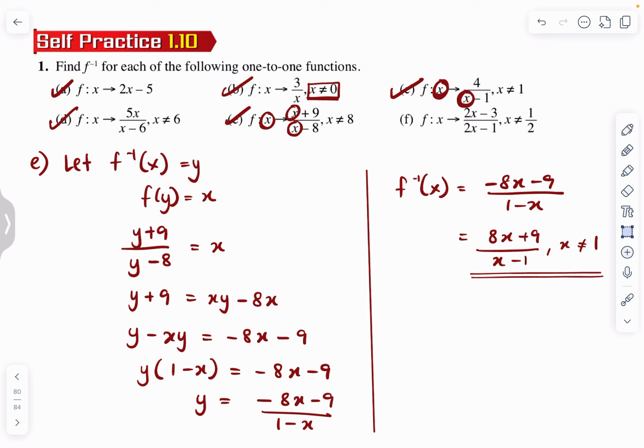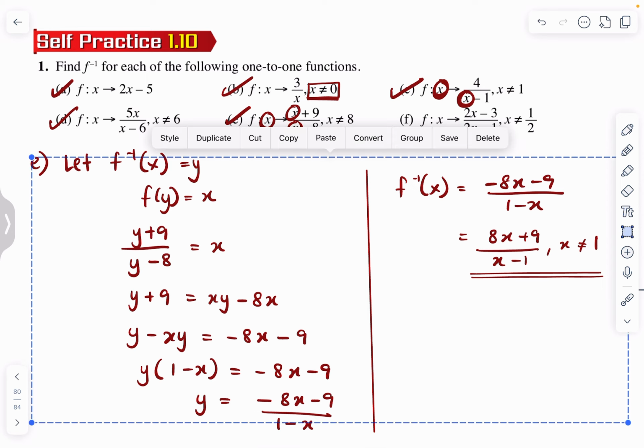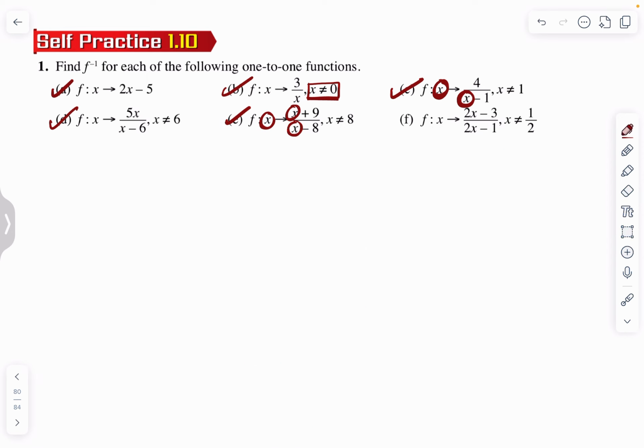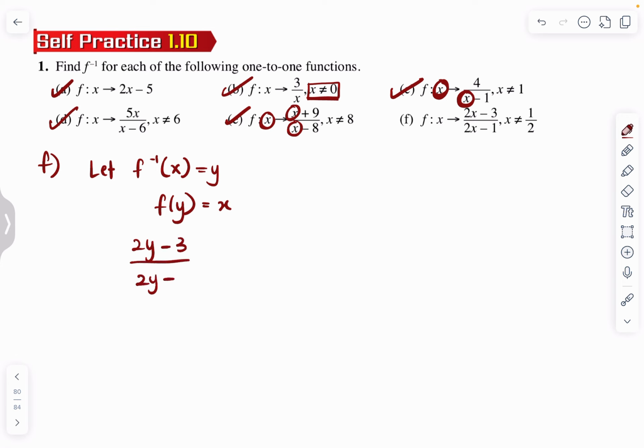So this is our answer. And finally, question F. Same thing. Let f inverse x equal y, f of y equals x. So if f of x is (2x minus 3) over (2x minus 1), f of y would be (2y minus 3) over (2y minus 1). So (2y minus 3) over (2y minus 1) is x. Then we cross multiply. So 2y minus 3 is 2xy minus x.